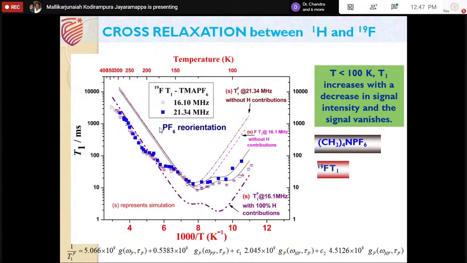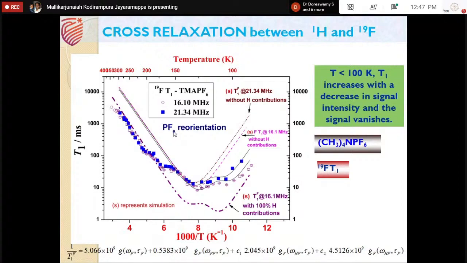Therefore, in the tetramethyl ammonium ion, two types of motions can happen. One is within this cation, CH3 four times, and the anion motion also, PF6. These two orientations are possible, and they give rise to their own minima.